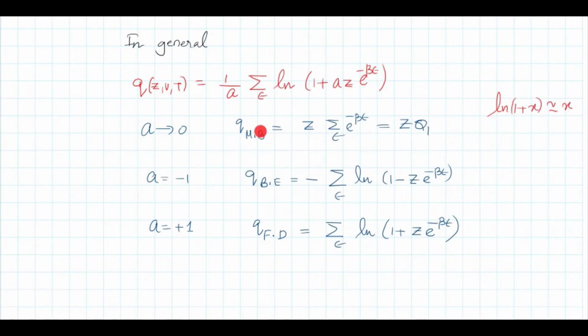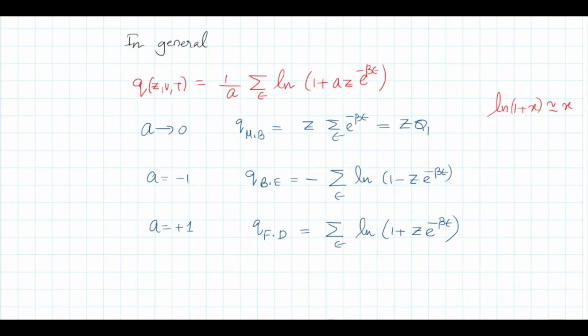In the Maxwell-Boltzmann case, you have to take A tends to 0. If you take A tends to 0, log 1 plus x, what is the expansion of log 1 plus x? It is x minus x square by 2 plus x cube by 3 and so on. But if x is very small, you can neglect the second order or higher order terms, so just keep the first term itself.